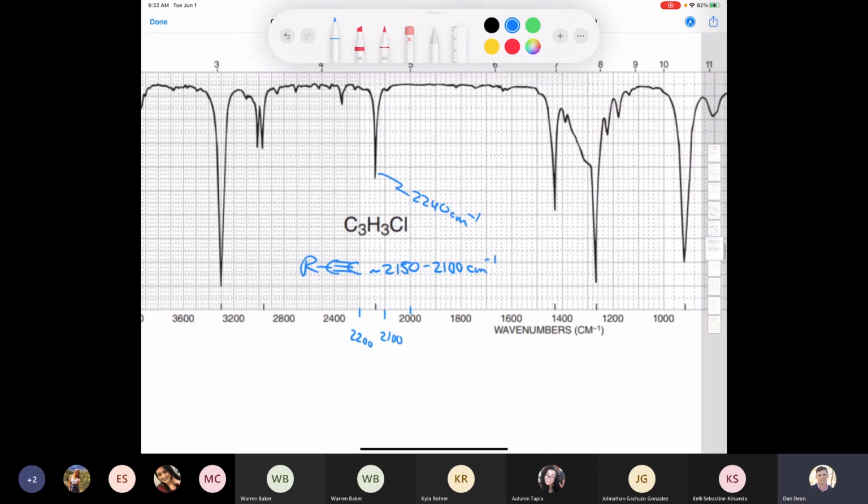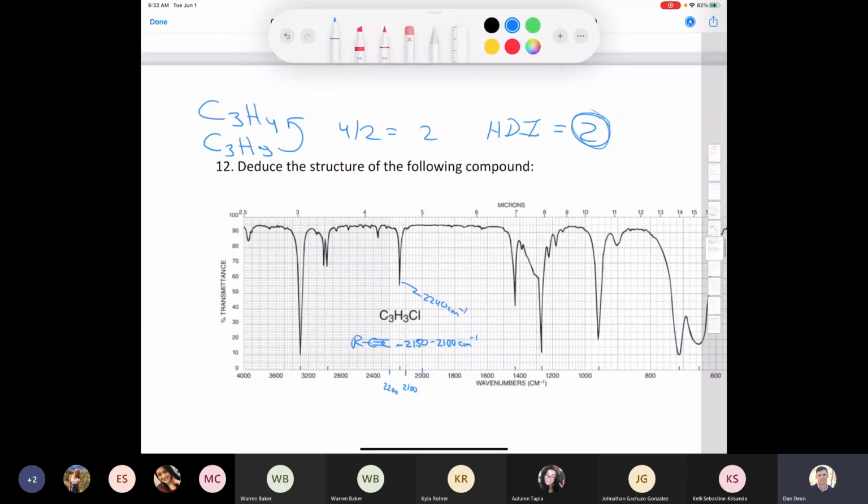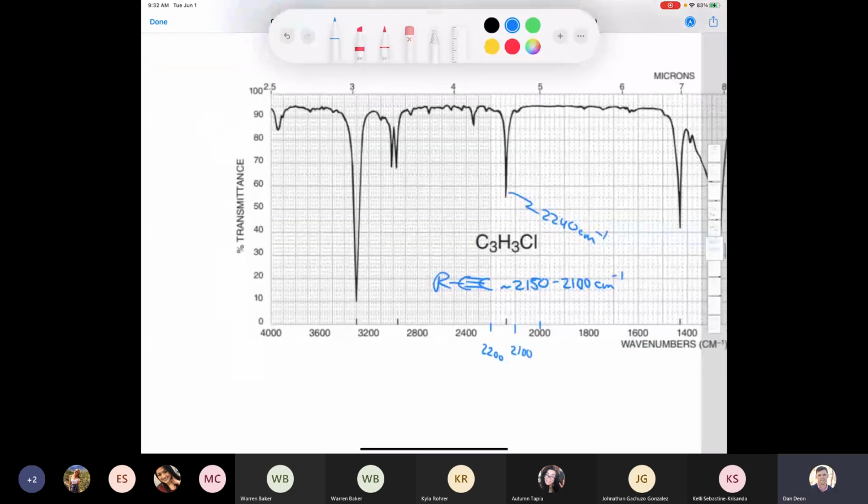That would also produce 2 units of unsaturation, because in a triple bond you've got 2 pi bonds, so that would cover your HDI of 2. Another dead giveaway that this would be an alkyne is this huge absorbance here.